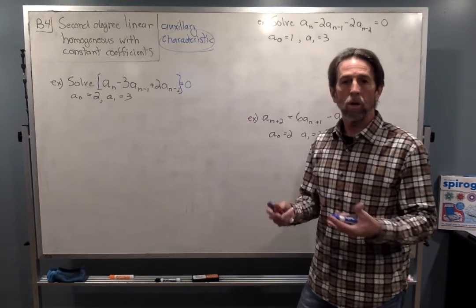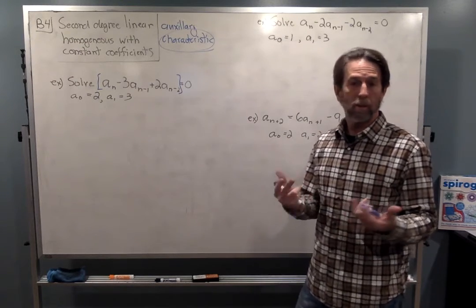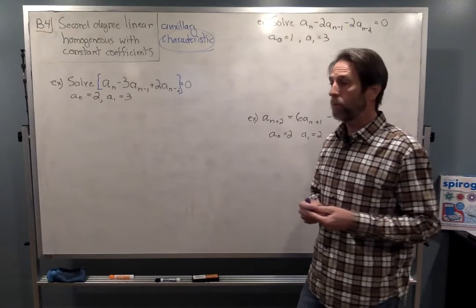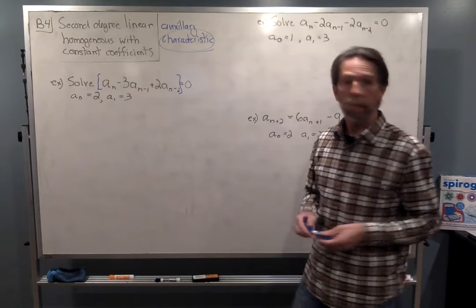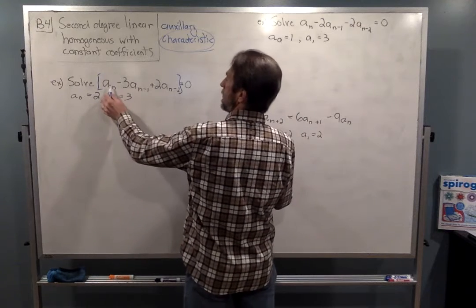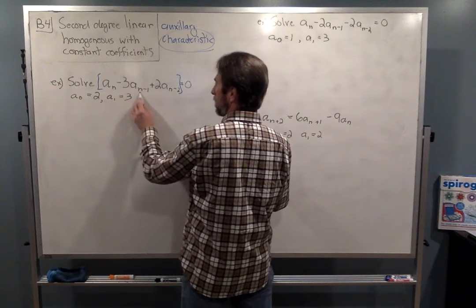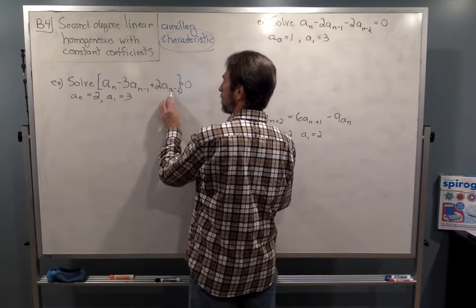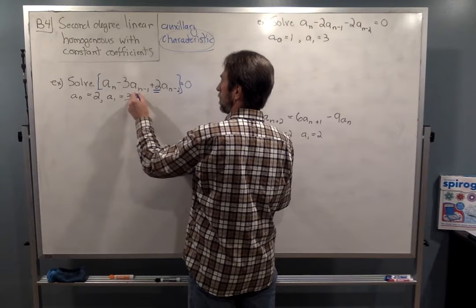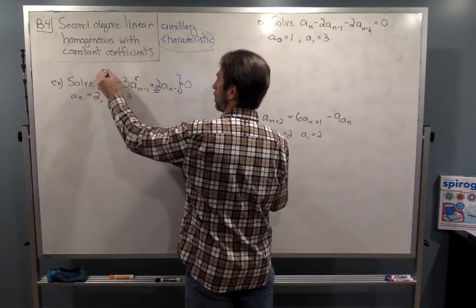And we could use r, we could use x. It's very common to use lambda in our text, so I'm going to use a combination. First, I'm going to use r. Since this is an n minus 1, and n minus 2, this basically becomes the constant. This is going to become r, and that's going to become r squared.